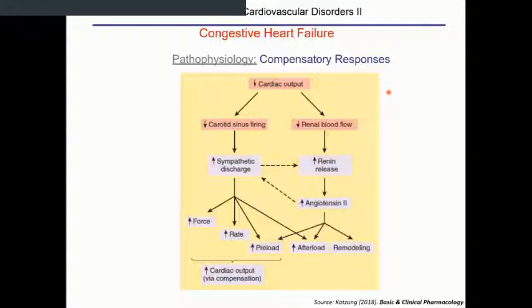And all of this, in the short term, will increase cardiac output via compensatory mechanisms that we have just discussed earlier. However, there is a tipping point when all of these compensatory responses will no longer be enough because some of them will, at some point, fail to adapt to the problems associated with decreased cardiac output.